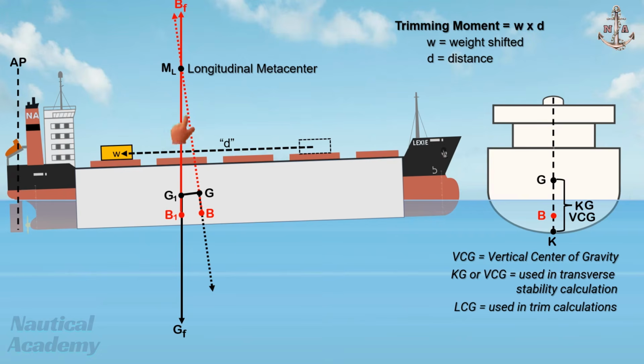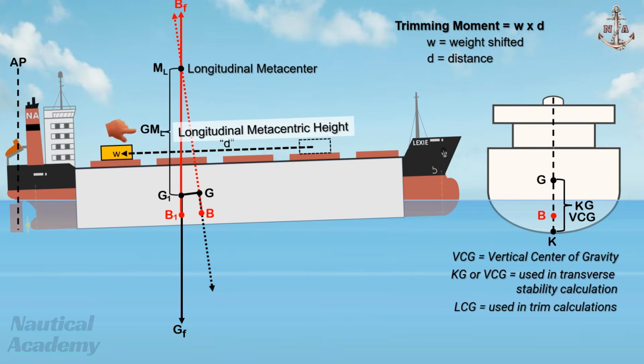These verticals represent the directions of the buoyancy force before and after shifting a weight. The vertical distance between the new center of gravity, G1, and the longitudinal metacenter, ML, is called longitudinal metacentric height, GML. In this case, after shifting a weight, the ship's LCG changes.